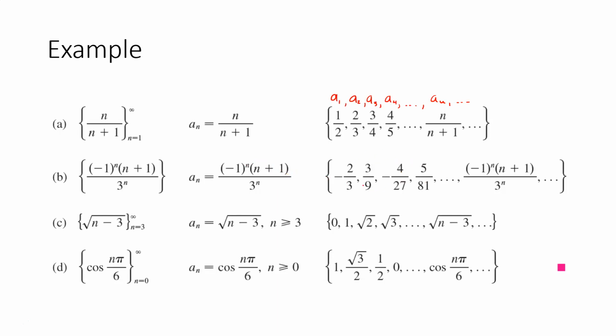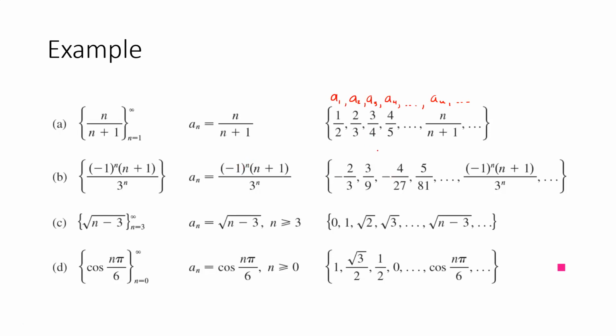One thing you might want to notice here is that this factor (-1)^n will switch between positive and negative every other term. So for instance, when n is odd, it's going to be a negative value, like when n equals 1 or when n equals 3. And when n is an even value, then -1 with an even power will be positive.